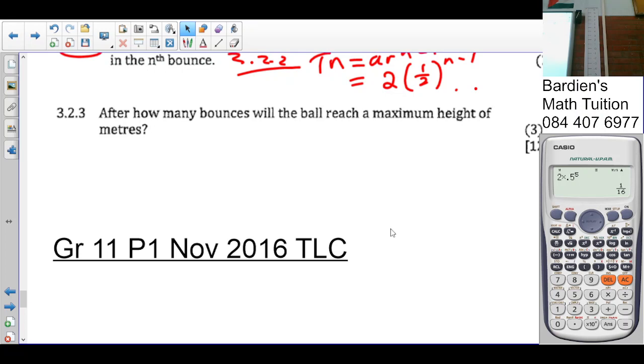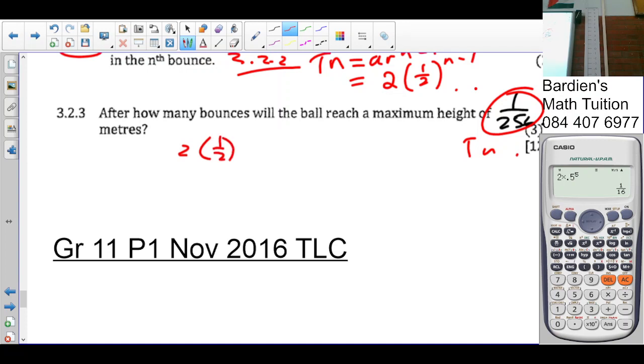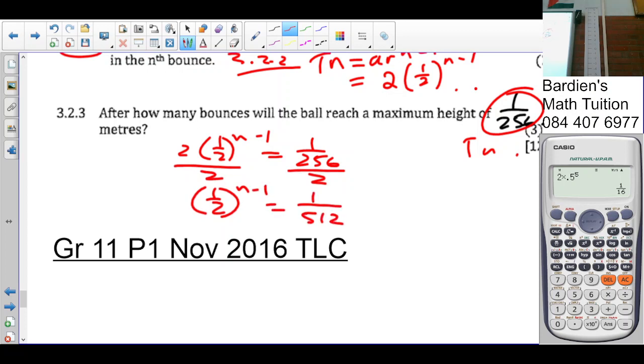So it is 1 over 256. In other words, this is your nth term, your Tn. So you've got 2 into a half to the n minus 1 is equal to 1 over 256. Okay, so what do I do first? Divide by 2 on both sides. So it's going to be half raised to the n minus 1 is equal to 1 over 512.